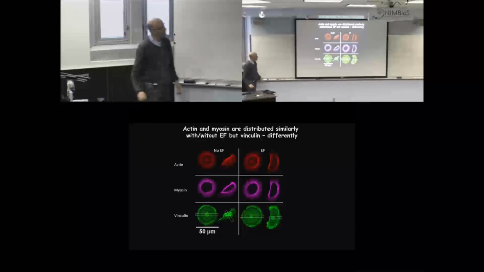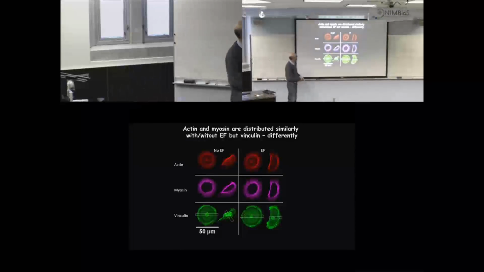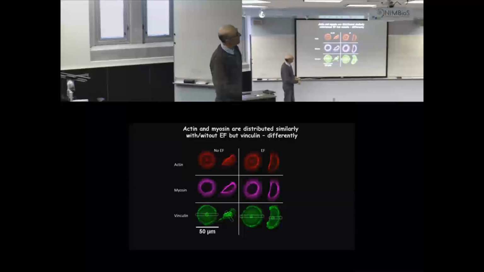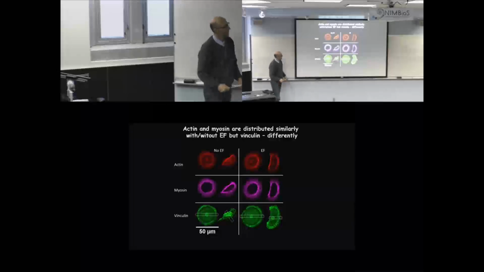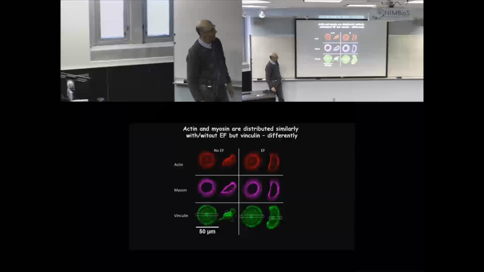And indeed, when we started to look at cytoskeletal markers, actin and myosin are distributed in a very similar way in stationary and motile cells, with and without electric field. But adhesive proteins, there are many of them. One of the most important ones is vinculin.